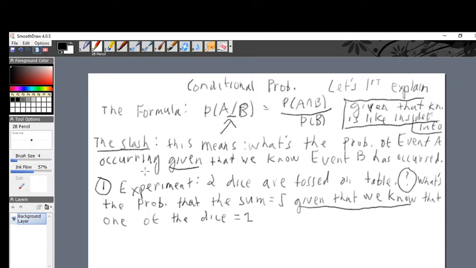Okay, so how do we go about this? Here's how we're going to need to get started. Let's get an event A and an event B. The event A is as follows: that the sum is 5.